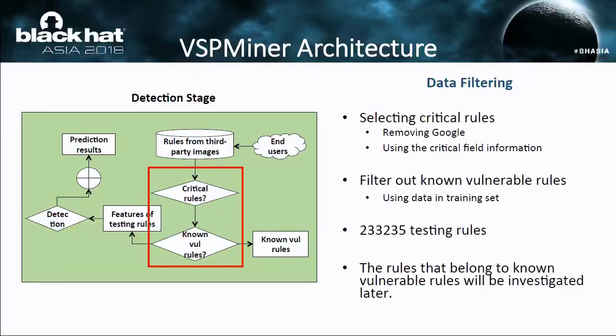After that, we detect whether these rules belong to the known vulnerable rules, because these have been detected in the training stage. And finally, we will get a large scale of testing rules.